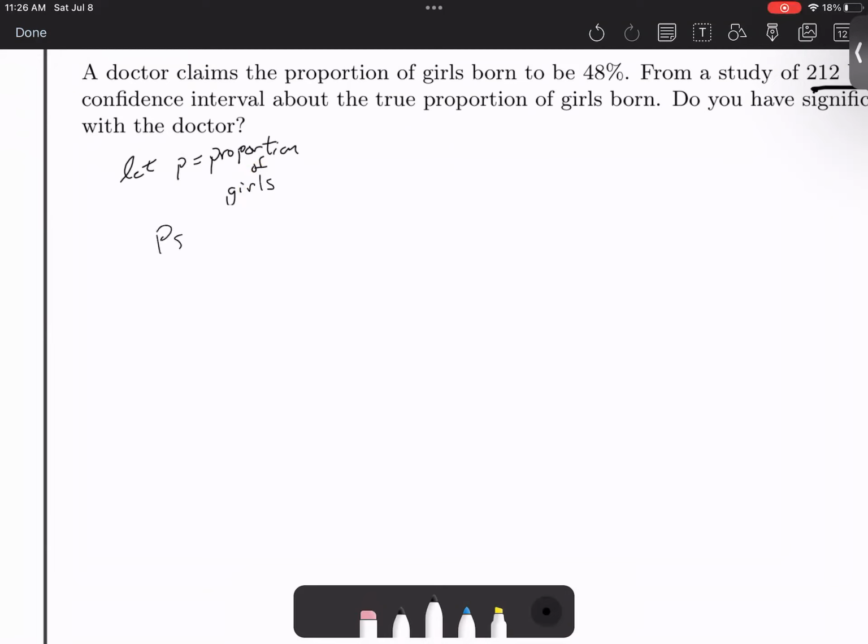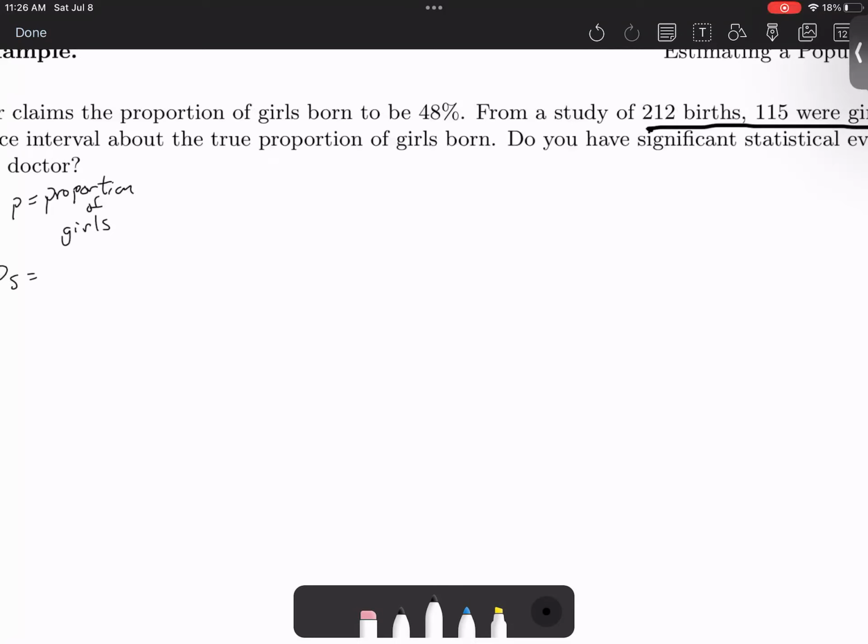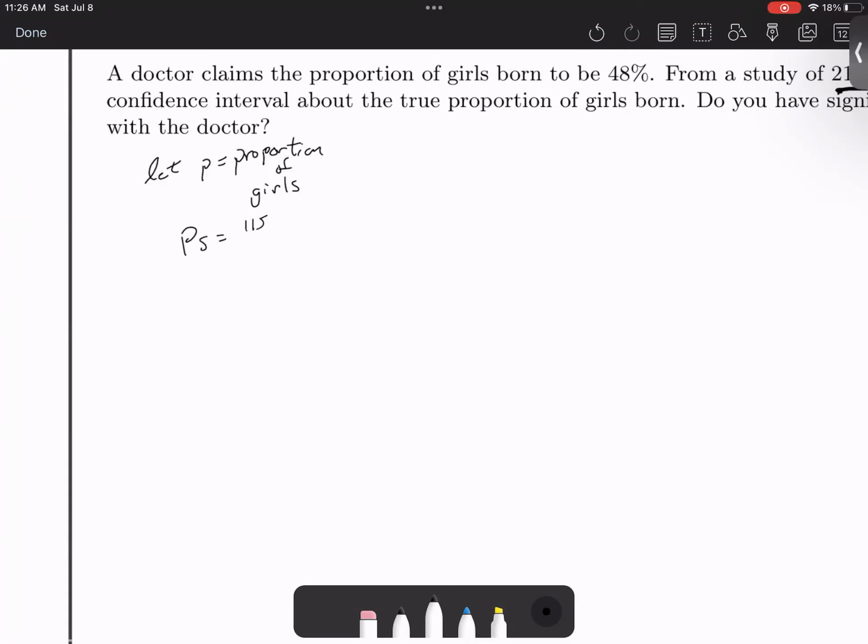And we'll let P sub S be the proportion of girls that we measured from our sample. So the proportion of girls from our sample was 115 out of 212. Now, if you estimate, you get about 0.54245. And we know that this is a proportion, so it's already a really small number. It's best to go out a few decimal places, at least 3, to get an accurate measurement.